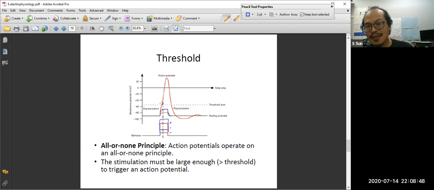So an action potential is either yes or no. It's not a lot more or a lot less. You either trigger it or not. If you trigger it, it will be the exact same thing. This is called the all-or-none principle: you either get all or 0.